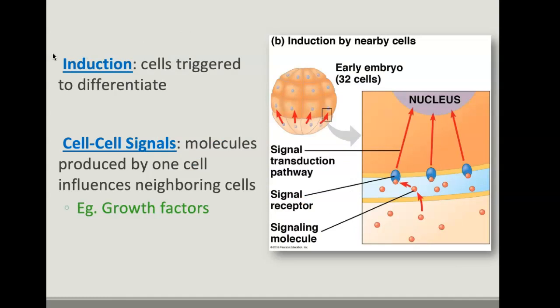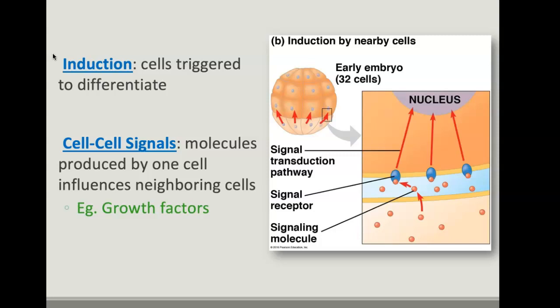The other way that cells know how to differentiate from one another is with induction. And this is a process where cells are triggered to become different or to become the same. When you have neighboring cells together in an embryo, so again, looking at the diagram, I think the diagrams can help a lot. You can see there's an early embryo of 32 cells, and you have contact between them.